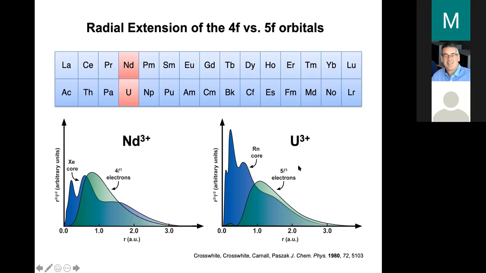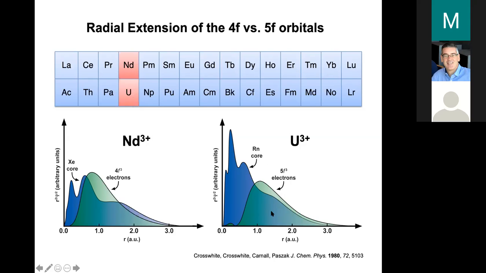When you go to the actinides, on the right, you can see a comparison with uranium 3+, which is just below neodymium. And so now instead of 4f3, we've got 5f3 for the valence configuration.